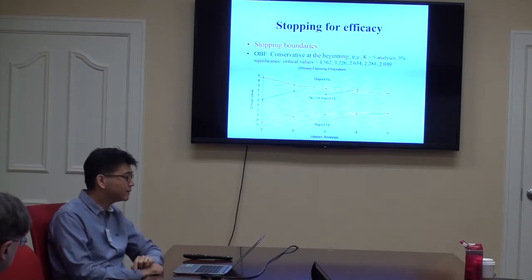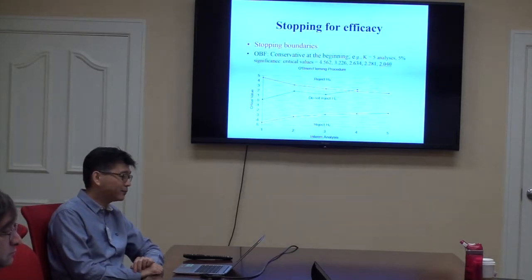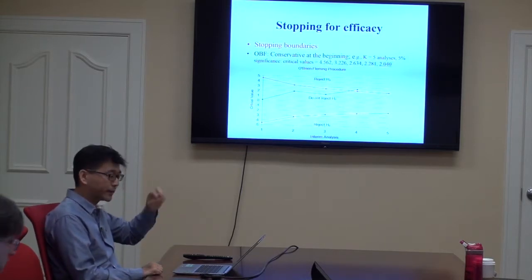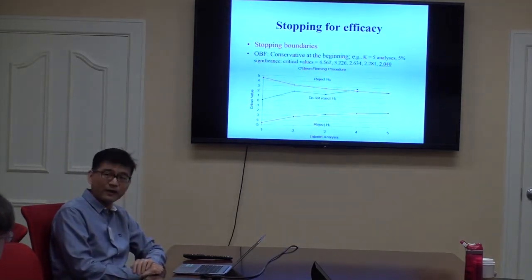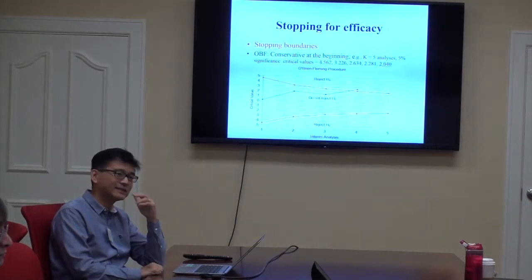So one of the practical considerations is how many analyses we want to plan in the phase 3 study for efficacy. For this reason, we use O'Brien-Fleming, but with equal spacing of the interim analyses. I actually don't like 5 because the final critical value is about 2 and 5 seems to me a lot.